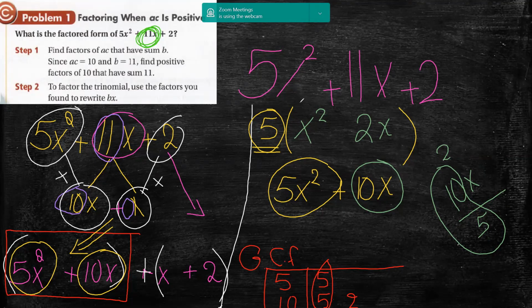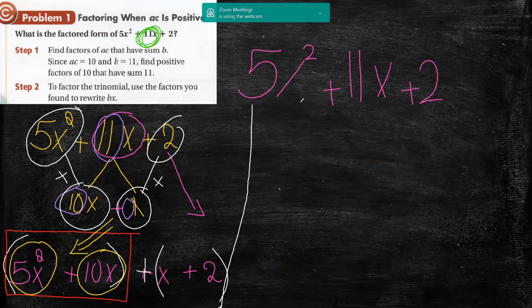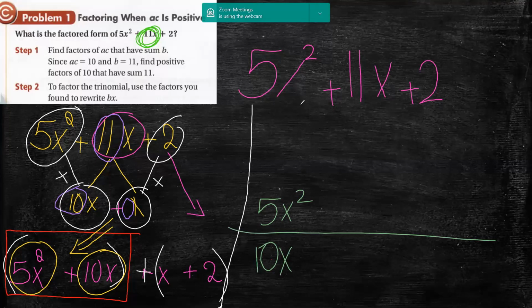No, wait, sorry. I made something wrong. Back. Look at this bracket here. We have 5x squared and 10x. I want you to write the two monomials, 5x squared and 10x.